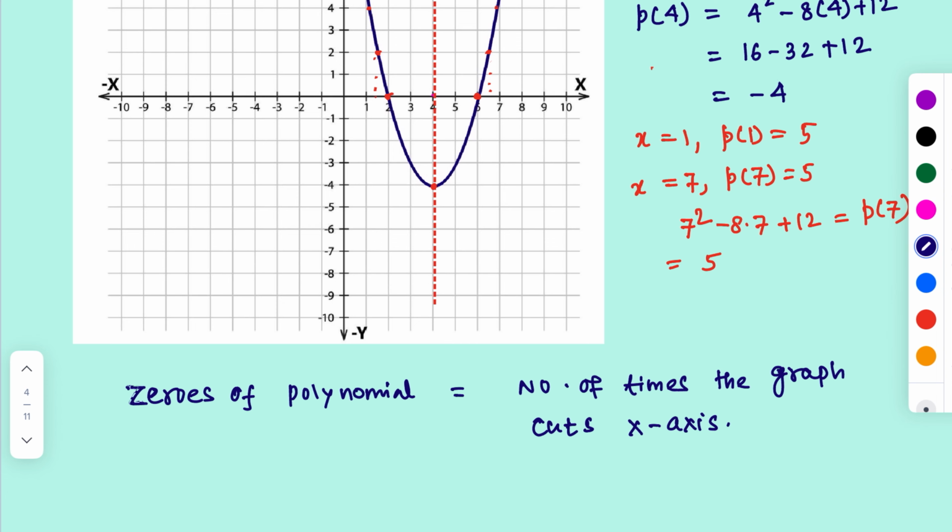Here the graph cuts the x-axis at 2 points. So this polynomial x square minus 8x plus 12 has 2 zeros.